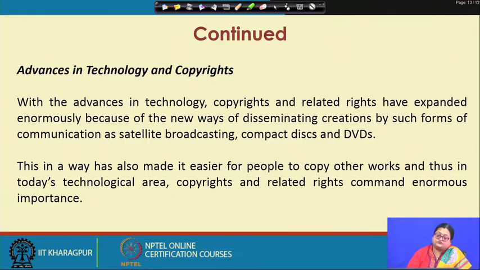With this new technology, it has become easier for people to copy others' works and maybe claim it as their own work. So, in that area, it has become more and more important to discuss copyrights and related rights and how to protect them.